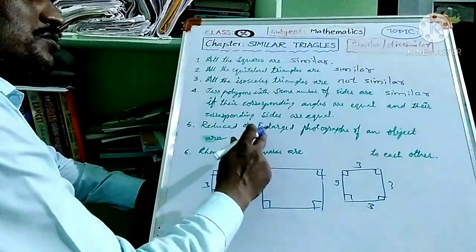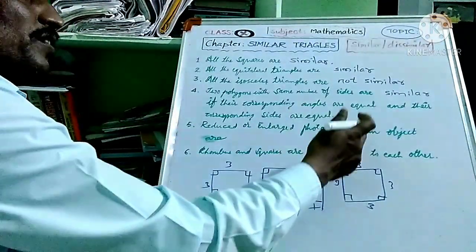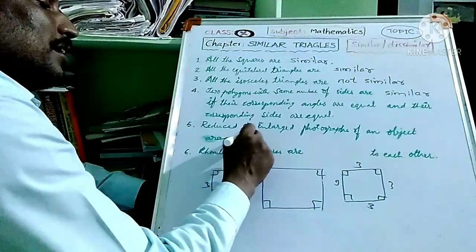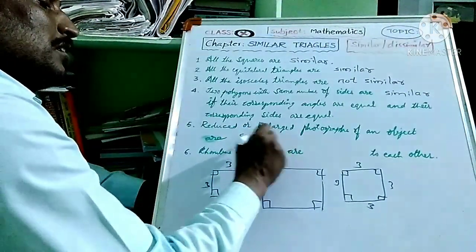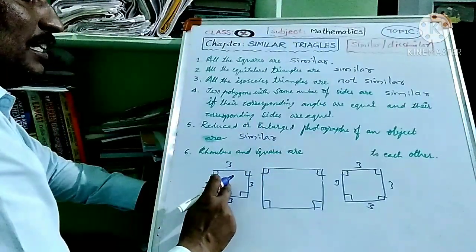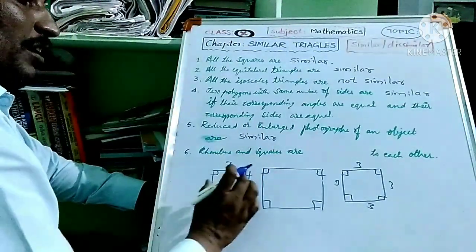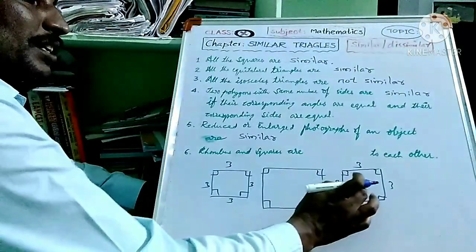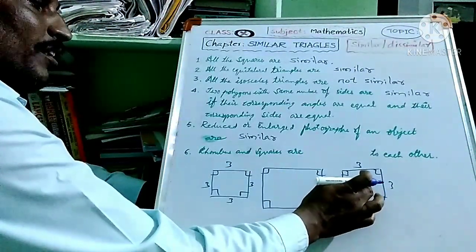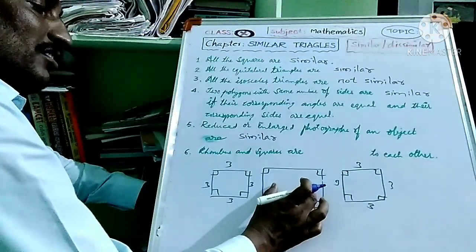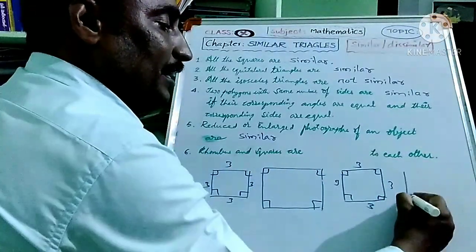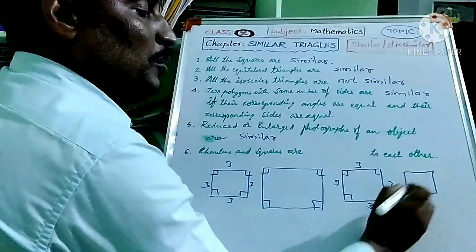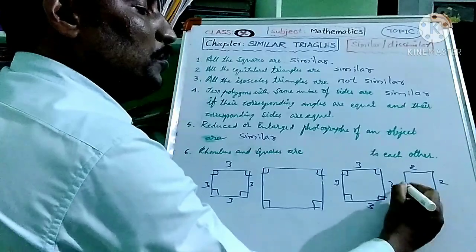Next, reduced or enlarged photographs of an object are also similar. Suppose it is an object, the photograph this much is here, as it is we are taking. This much is enlarged. Suppose we take a square with 2 units, 2, 2, 2, 2.